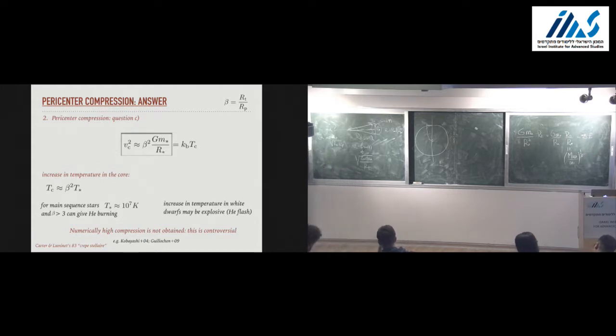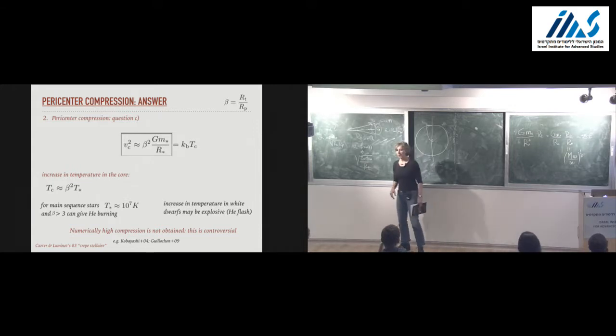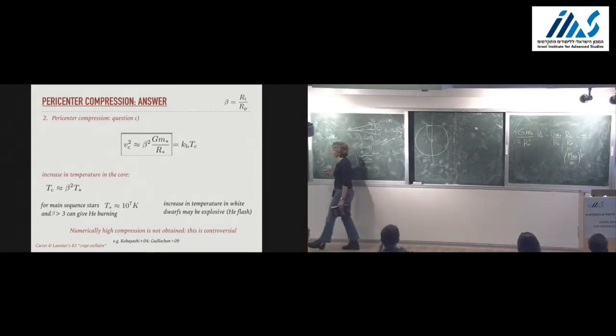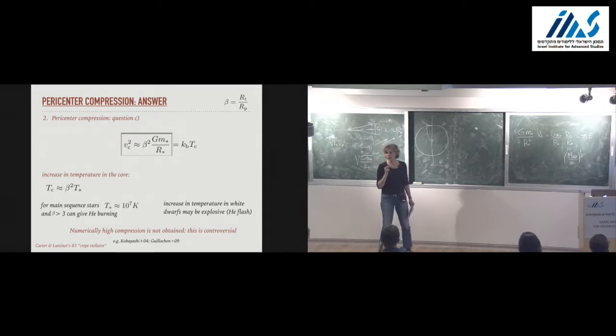So this has been worked out analytically, but computationally this squeezing has not been verified yet, and it's controversial. We don't know whether it's a numerical effect or not. What is interesting is that for a white dwarf, this compression and rise of energy occurs in degenerate matter.